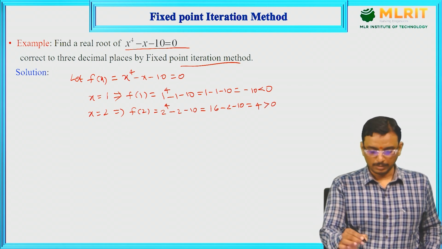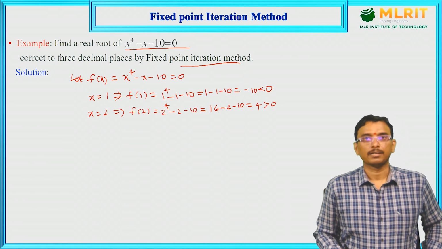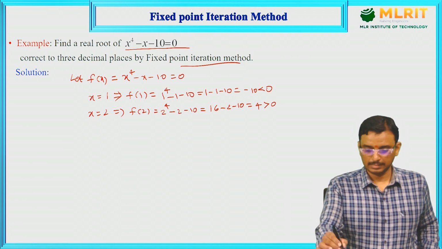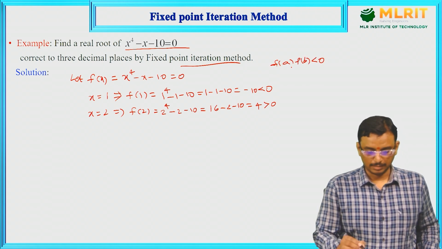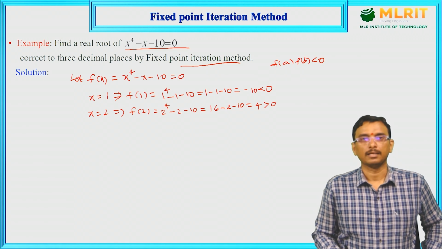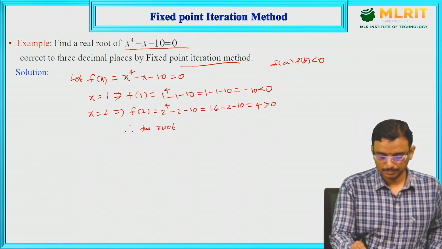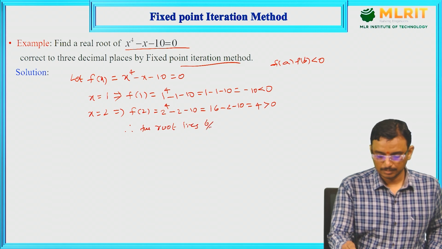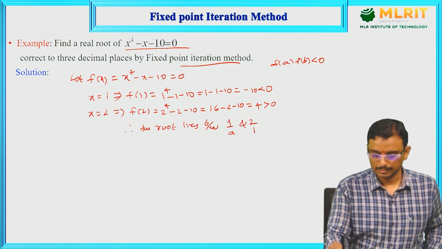Now the root lies between 1 and 2, since f of 1 and f of 2 are of opposite sign. What is the intermediate value property? f of a times f of b is less than 0. This condition holds here, so the root lies between 1 and 2. We take this as a and this as b.